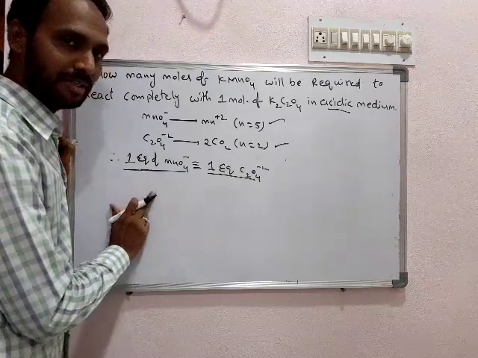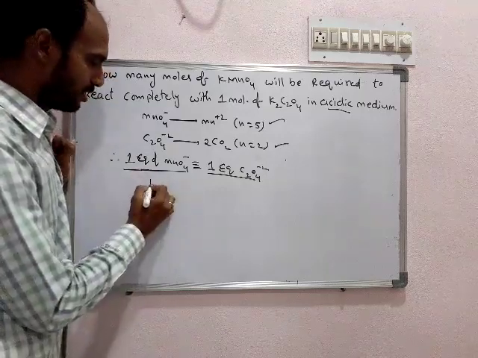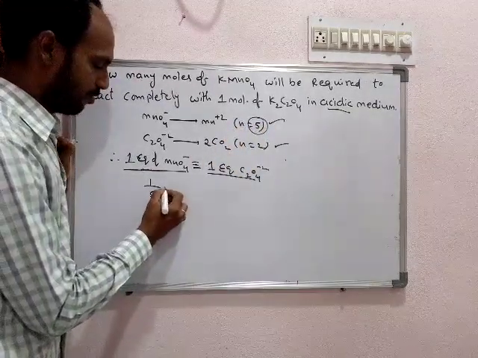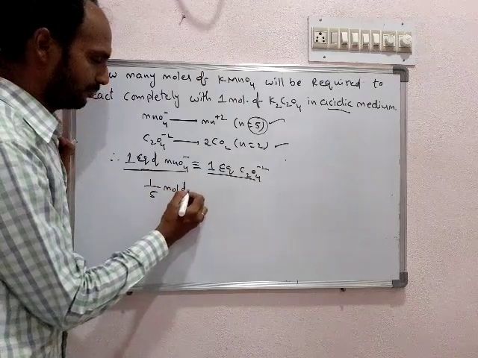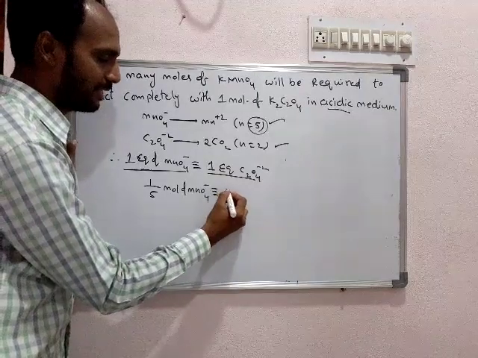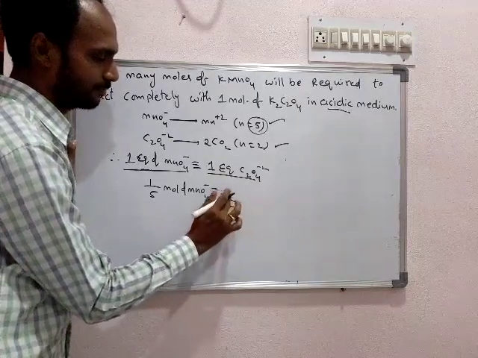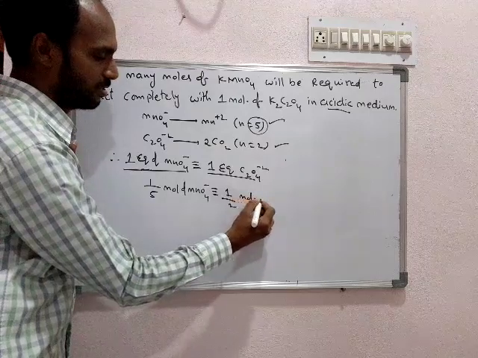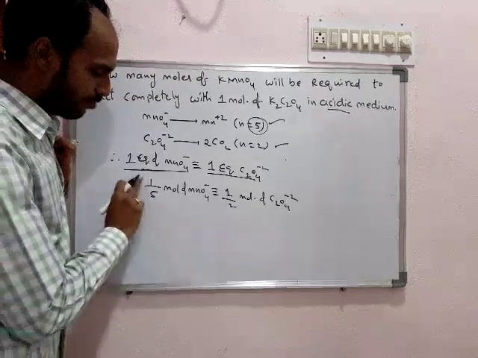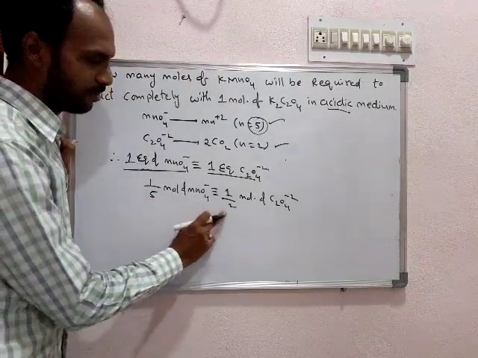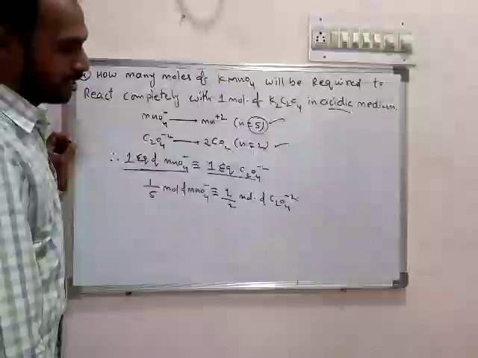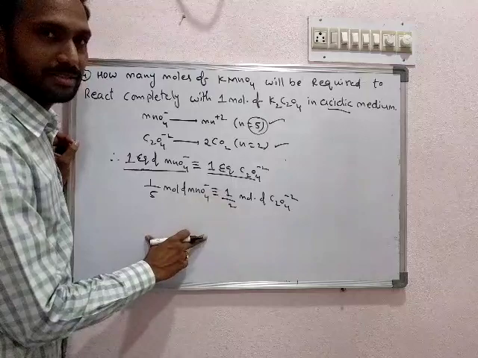So 1 by 5 moles of MnO4 minus is required for 1 by 2 moles of C2O4 2-. This is according to these n factors.